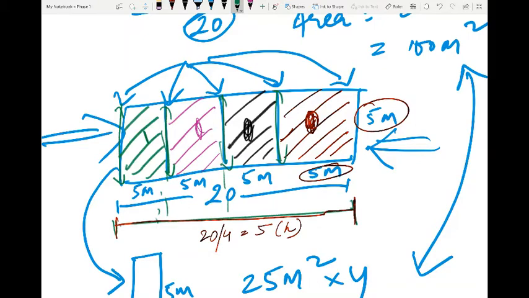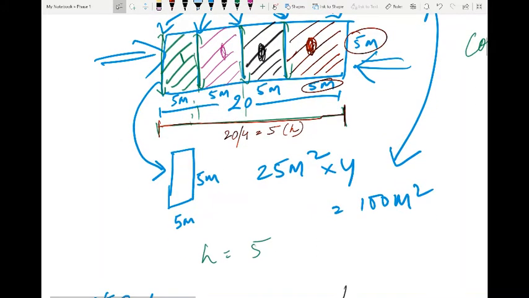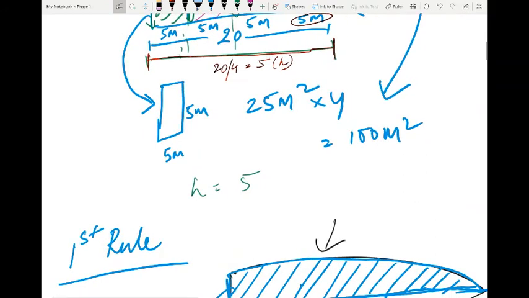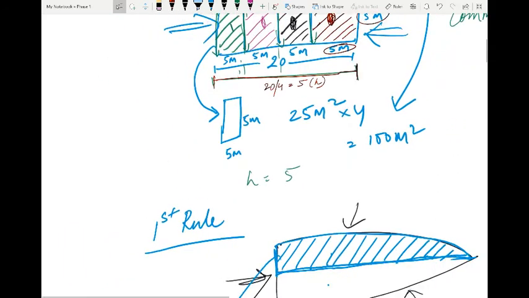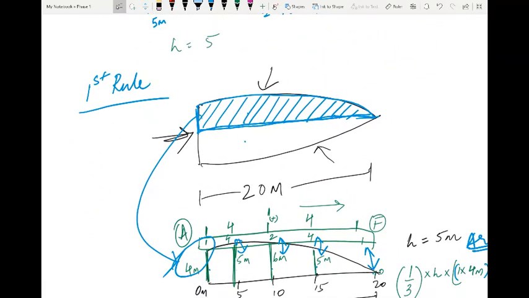Yes, this is a rectangle, so we'll be using Simpson's rule using a shape like a water plane area. We'll take a water plane area and then we'll use Simpson's rule. Okay, so we'll start off with the first rule. So this is a water plane. As you can see, there are two curves here.